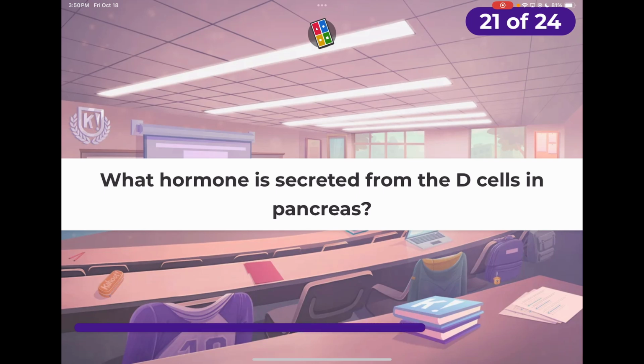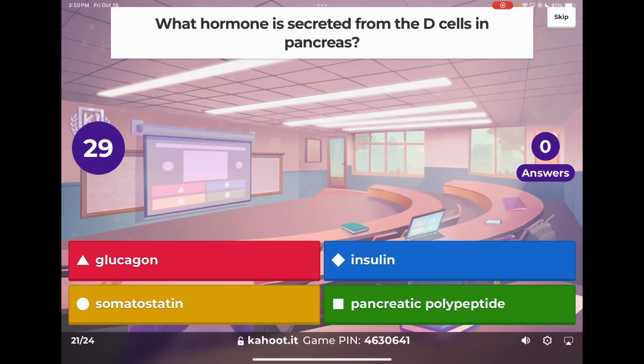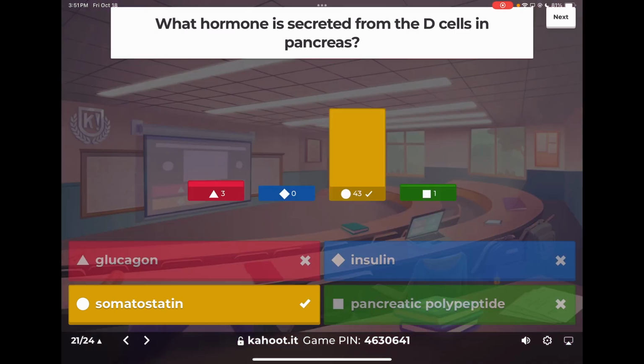What hormone is secreted from the D cells in the pancreas? What is glucagon? What cells? Alpha. What is pancreatic polypeptide? F. Insulin. Somatostatin. D. Okay.